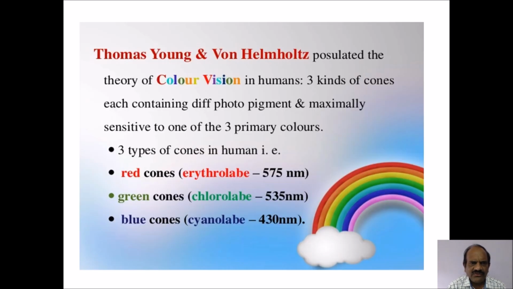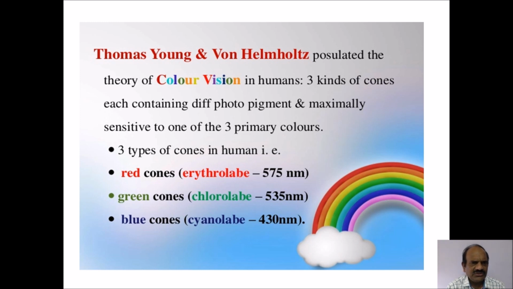Now, as I have told you, Thomas Young and the Young-Helmholtz theory postulated that color vision in humans is due to three kinds of cones, each containing a different photopigment and maximally sensitive to one of the three primary colors.